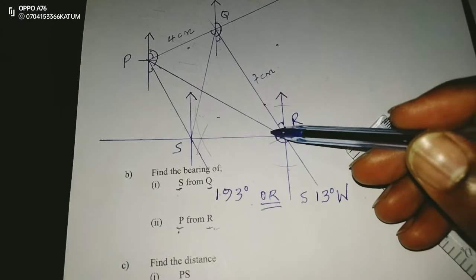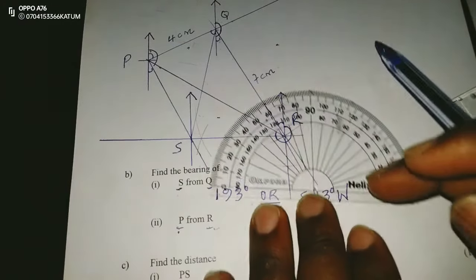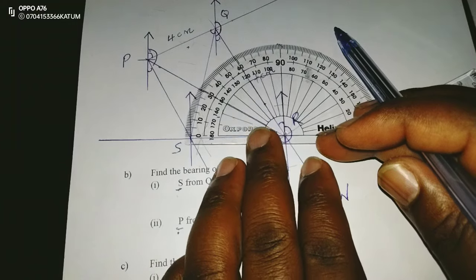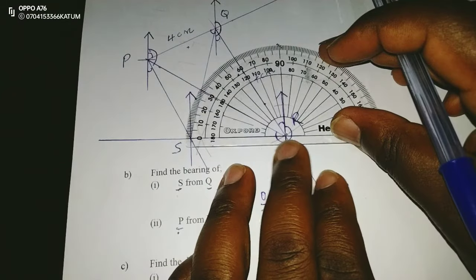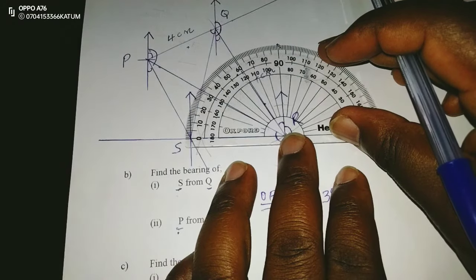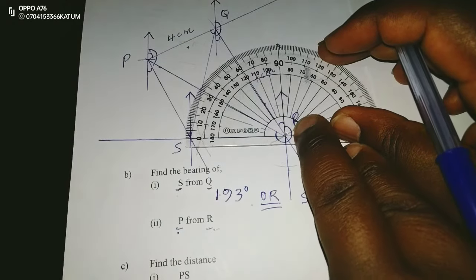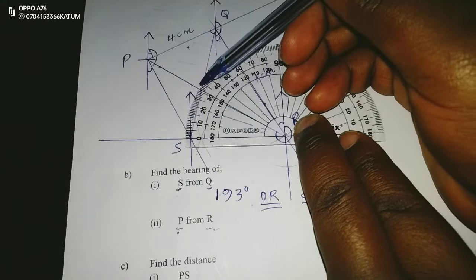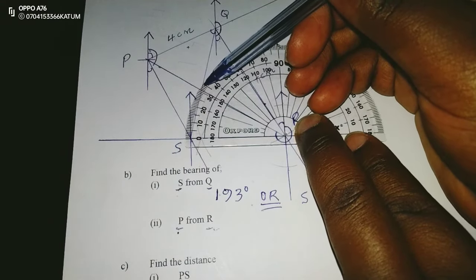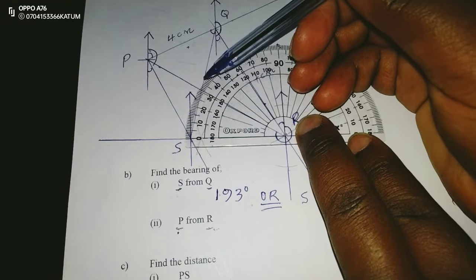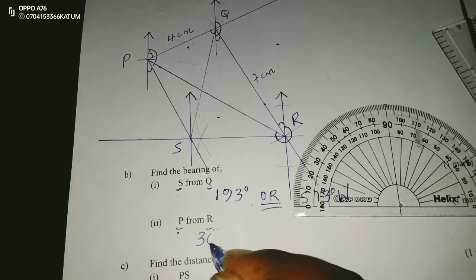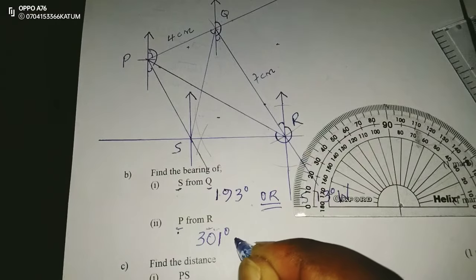I'll just measure the small angle here. And I add it to 270. So this is the angle I will measure. And that angle is going to be 31. Therefore, 31 plus 270 gives us 301. So the angle is going to be 301 degrees.